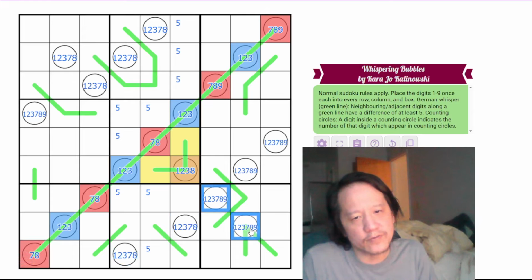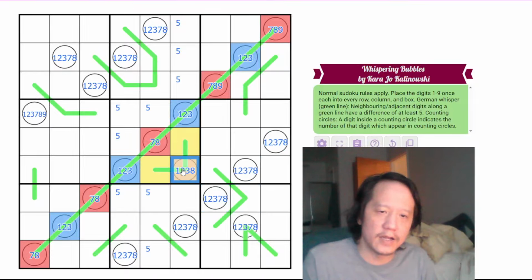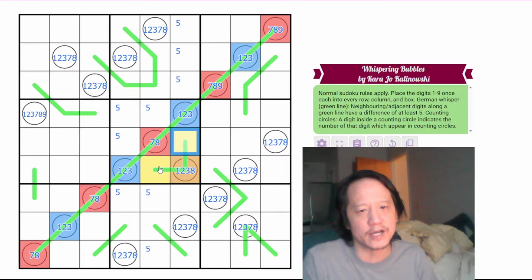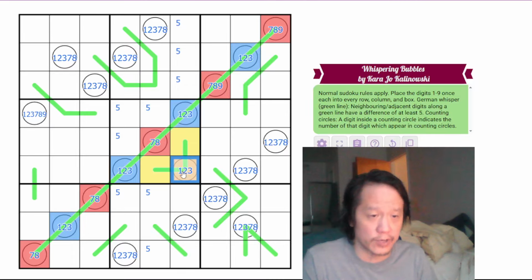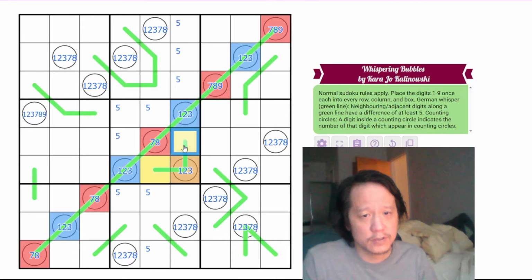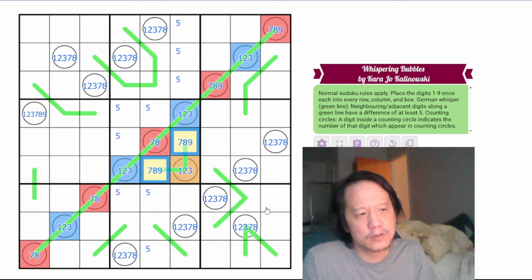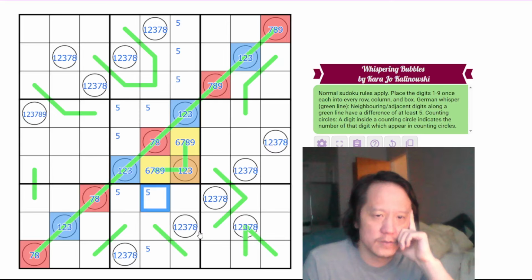So because of that, this can never be a high. If this is high, that would force these to be low. We'd have 4 lows, and one of them would have to be 4, but it would not be next to a 9 on a Whisper 5 line. So this has to be low, which is 1, 2, or 3. Interesting. So that must be next to 7, 8, or 9, or 6 on the Whisper 5 line.